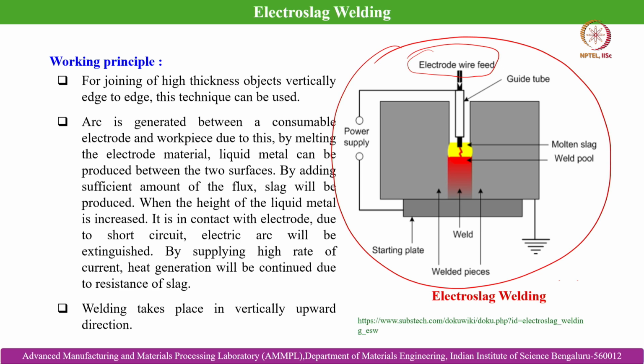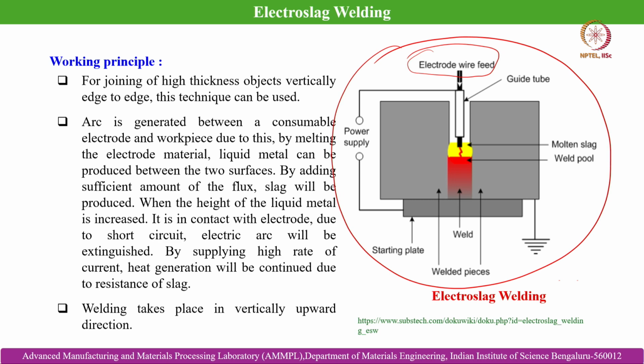And here, because of short circuiting between the liquid melt and the electrode, there is a period where the arc gets extinguished. During that period, by supplying a high rate of current, heat generation is continued due to resistance of the slag.